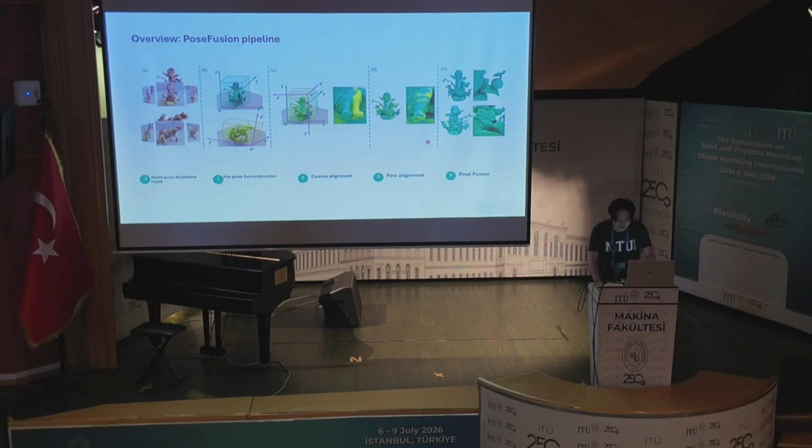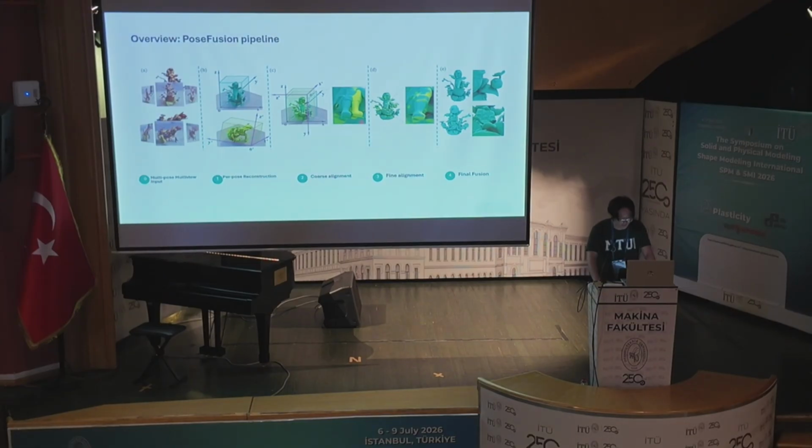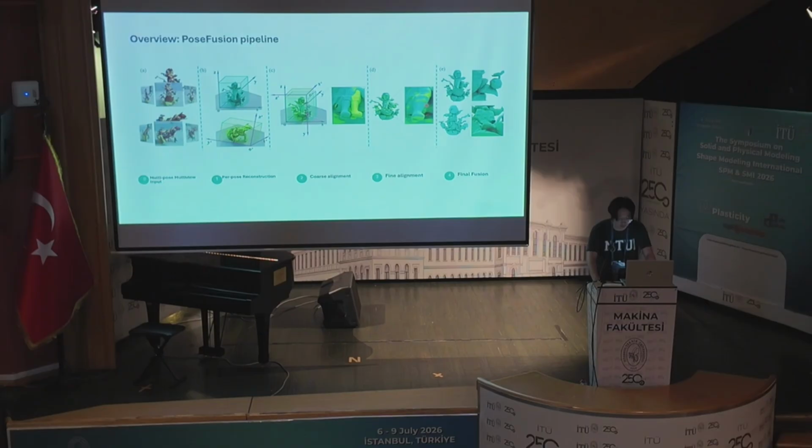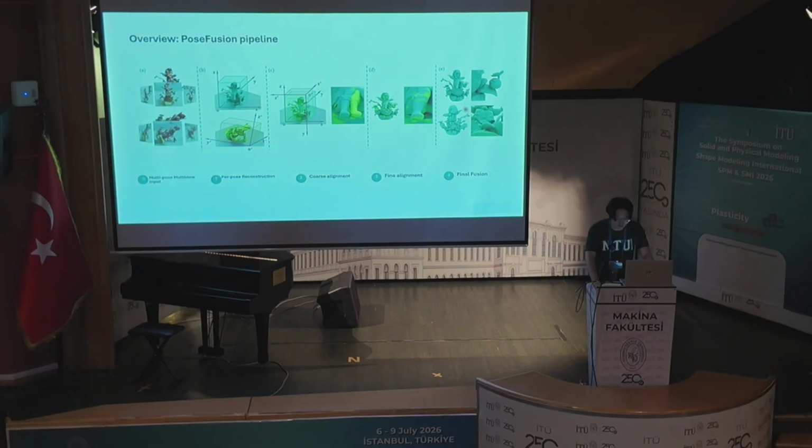Here, image matches are lifted to 3D space and the alignment is further optimized. And here are the results of the coarse alignment and fine alignment. Finally, all poses are transformed into a common coordinate system, and the final fused surface is reconstructed from the combined observations. And here are the fusion results of the whole object.